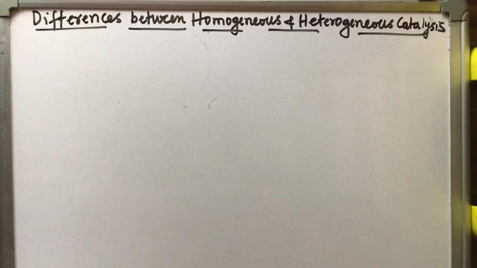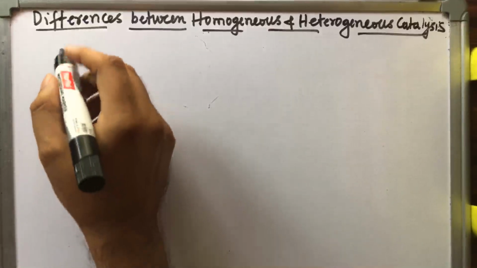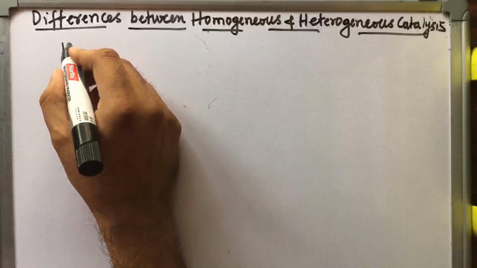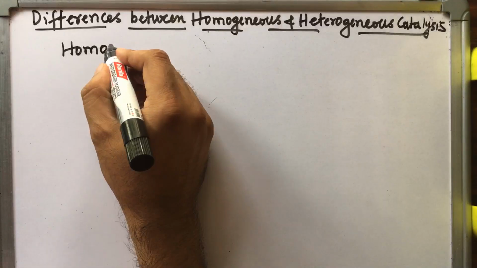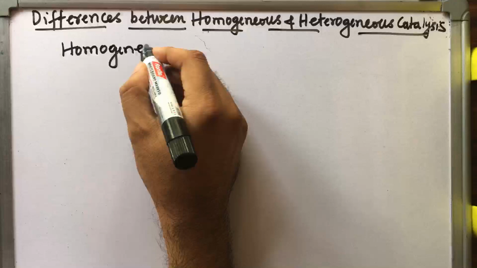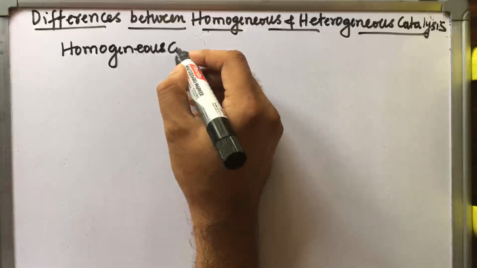Draw two columns. In one column write homogeneous catalysis, and in the second column write heterogeneous catalysis. Column number 1, let us write it as homogeneous catalysis.